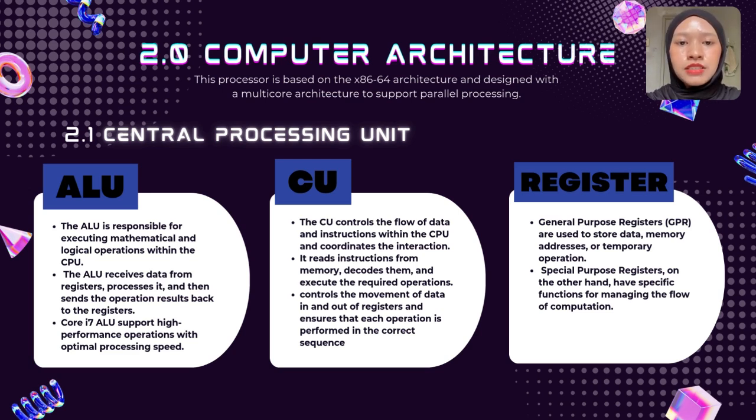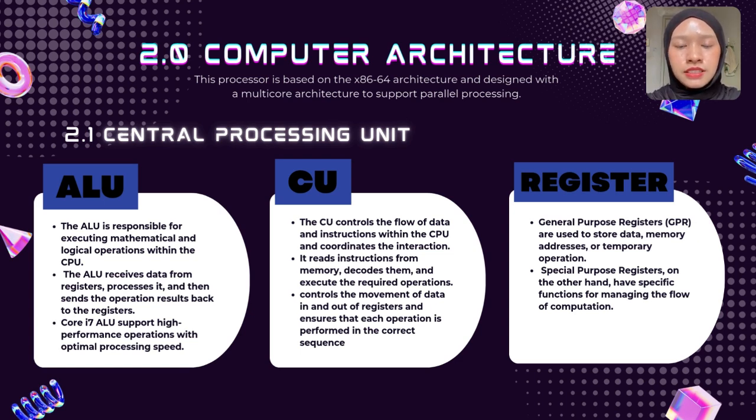Next is registers, key for temporarily storing data for lightning fast processing. In the Intel Core i7 x86-64 architecture, there are two types. First, general purpose registers, and second, special purpose registers. General purpose registers include 64-bit ones like RAX, RBX, and also R8 to R15, used for data, memory addresses or temporary results.